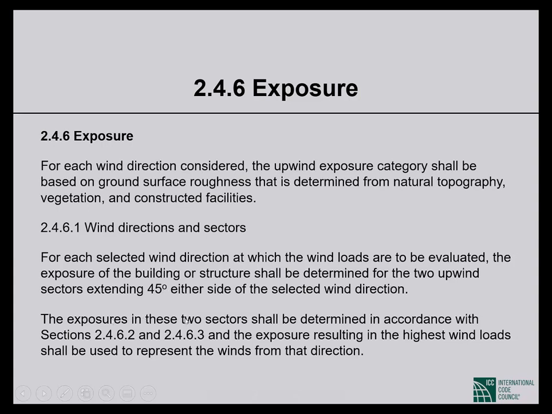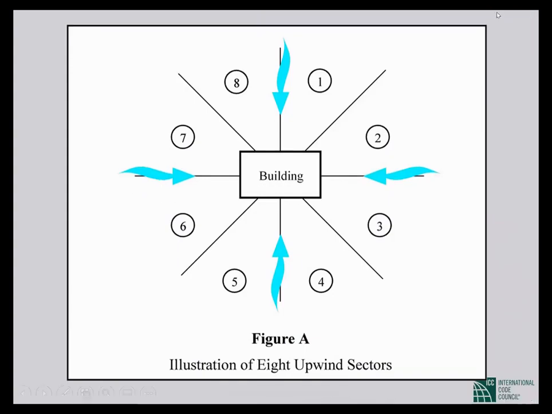The exposures in these two sectors shall be determined, and the exposure resulting in the highest wind loads shall be used to represent the wind from that direction. So if you are considering this direction of wind, you will look at the roughness in this segment, and whichever roughness gives you the higher wind speed is your roughness category.